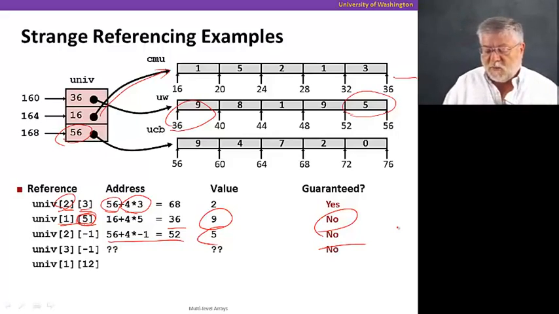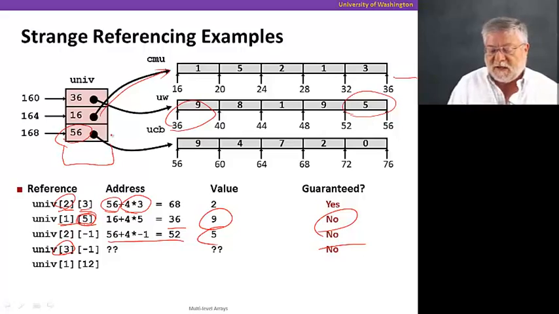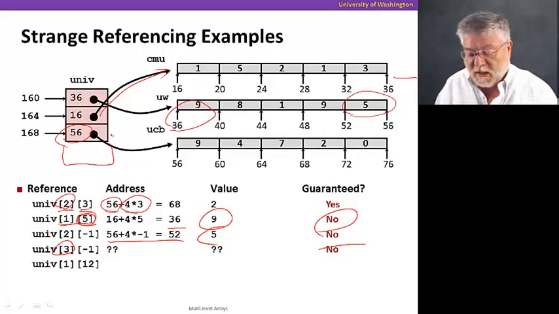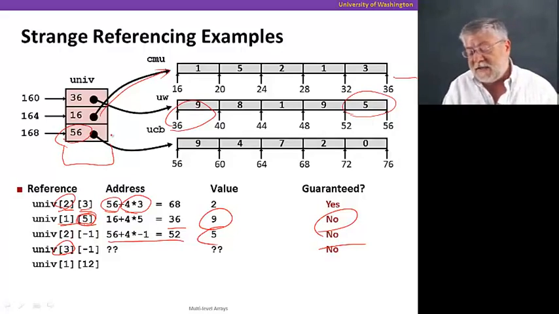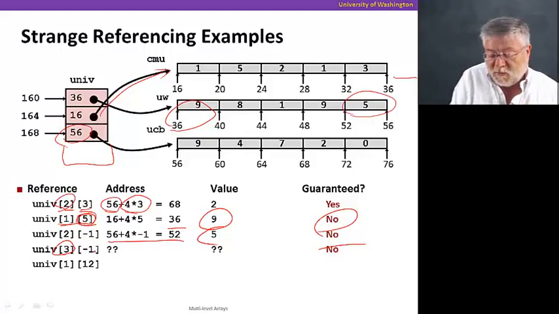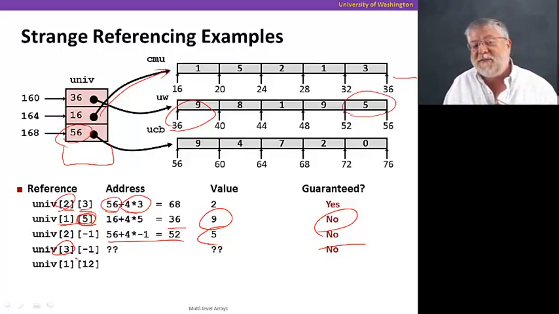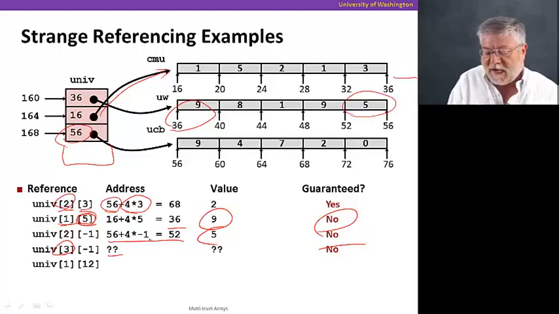Similarly, for this one, we're even going outside of the university array to the next element where the next element would be. But who knows what's there and what address we'll be reading. That'll take us to some random part of memory. We'll then go 4 bytes before that because of the -1. And who knows what's there even. So we have no idea what address it is.